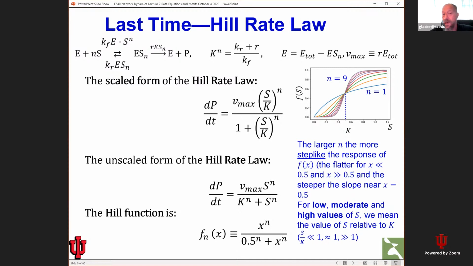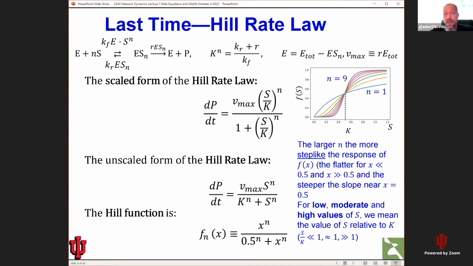We see our stack of Hill functions as we change the exponent. Exponent of 1 gives us Michaelis, and that's fundamentally different from everything else. The value is always a half at k. It always saturates, goes to a constant value for very large values of S. But in one case, the slope is maximal at 0.